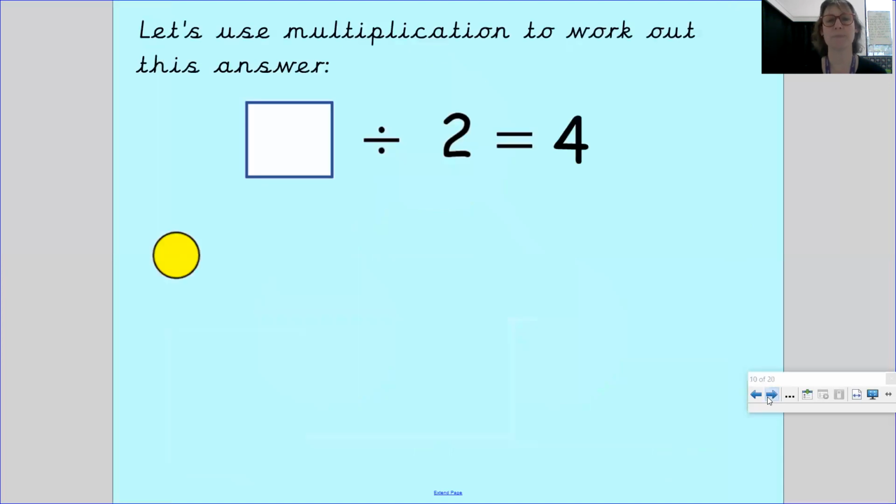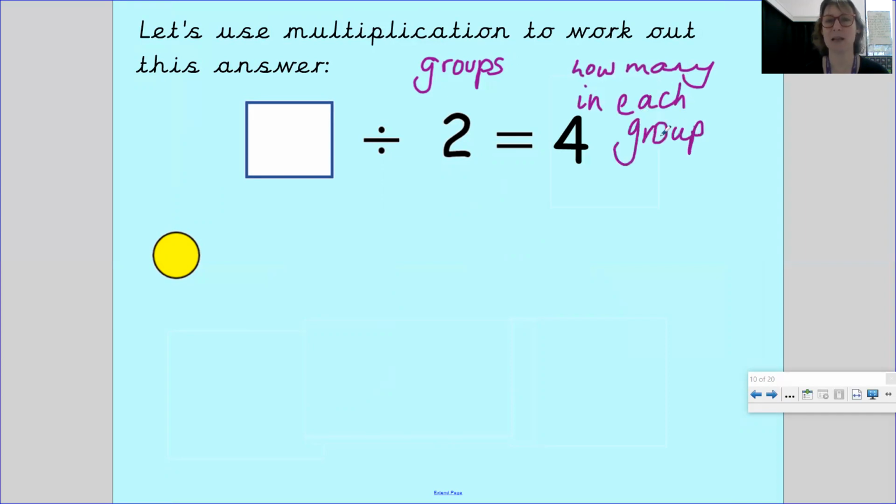Let's do another one. Right, this time we've got to work out what we started with, and we divided by 2 and we got 4. So we keep saying this is our number of groups and this is how many in each group. Okay, so what we're going to do is use that to help us.